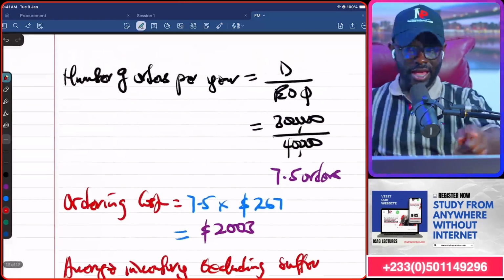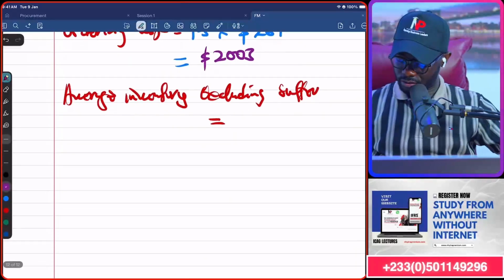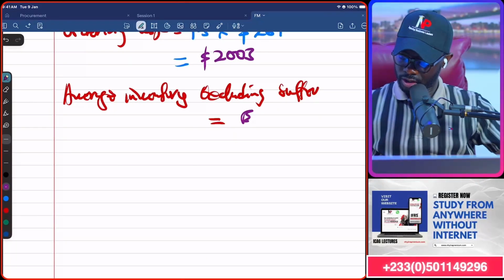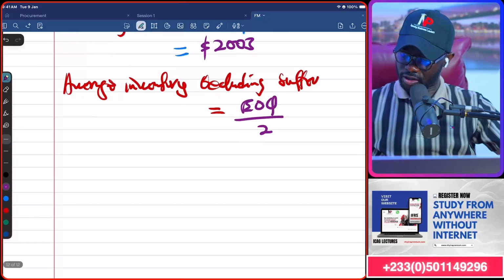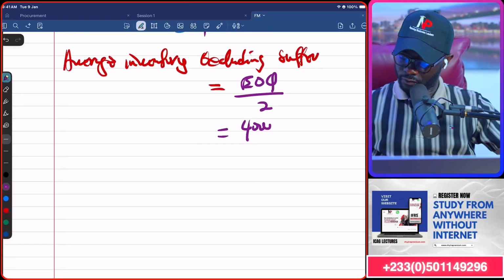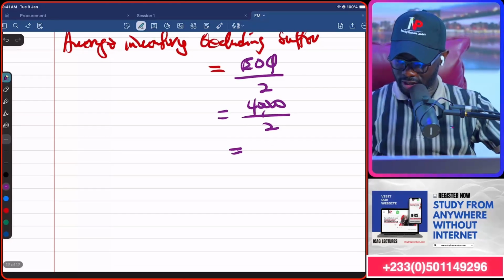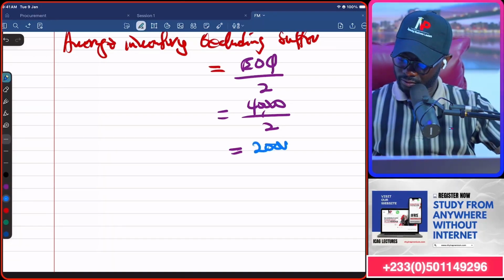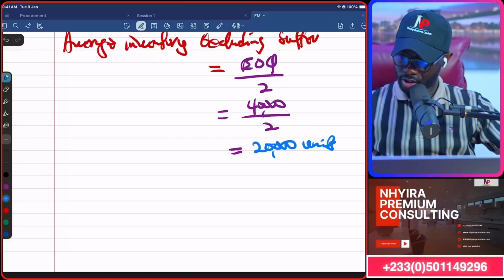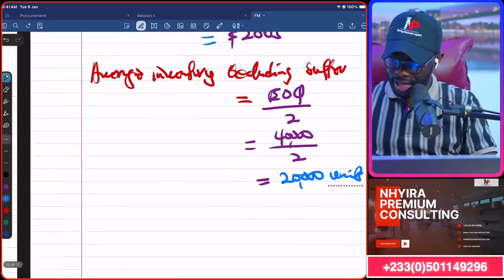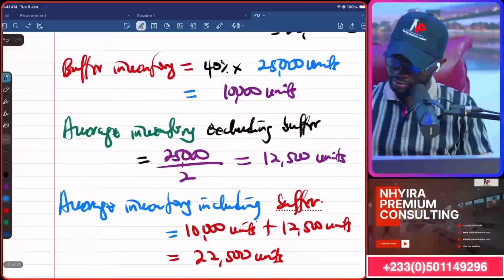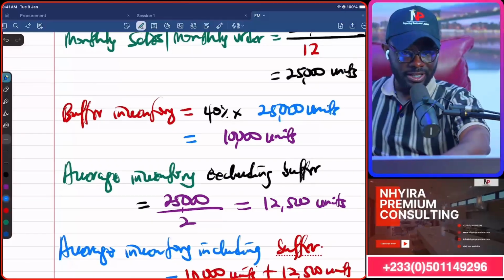Will be the EOQ divided by 2. So EOQ divided by 2. So 40,000 divided by 2. And that's going to be 20,000 units. Okay, 20,000 units. Now, our buffer inventory is still 10,000.